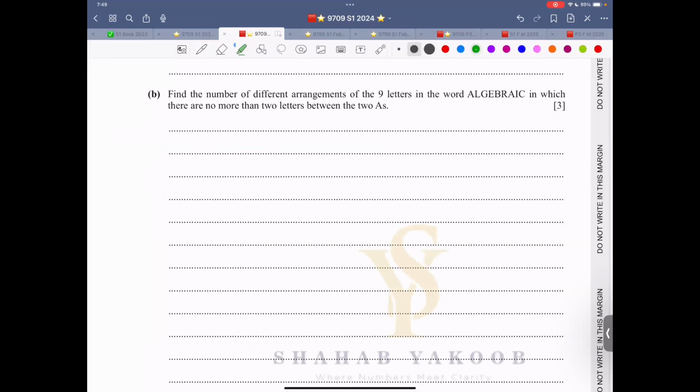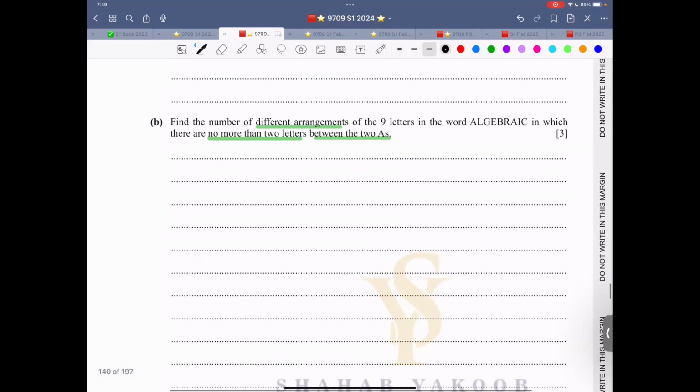It's about arrangement. The first one was also arrangement. Of the 9 letters of the word, arrangements in which there are no more than 2 letters between the 2 A's. So what does it mean, no more than 2 letters? That means there is an option of 0 letters, or gap.